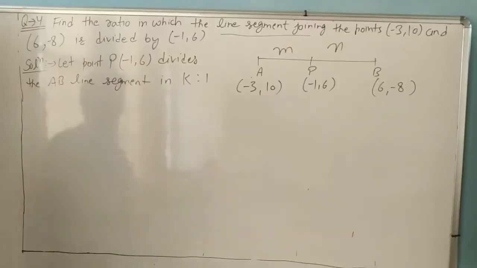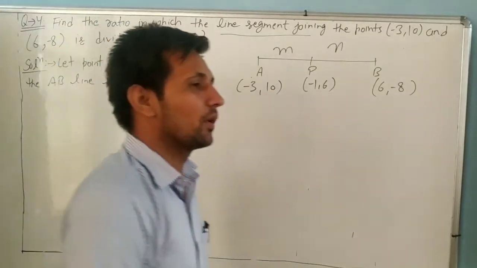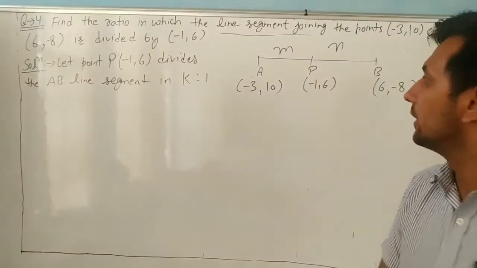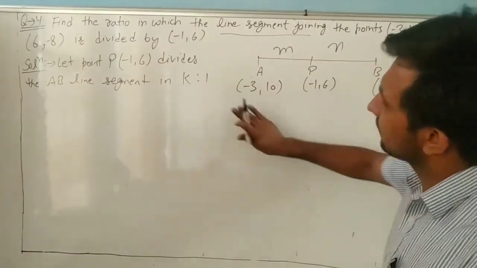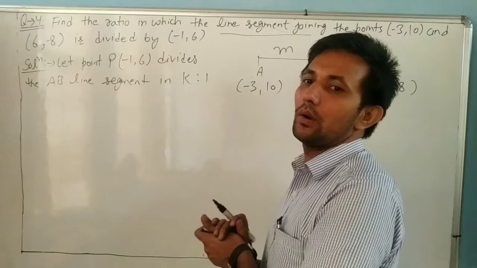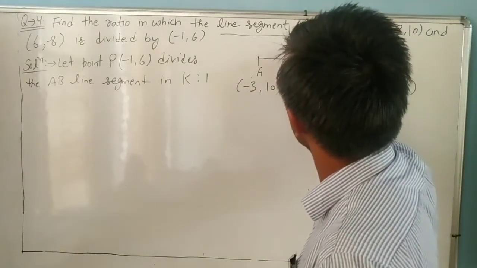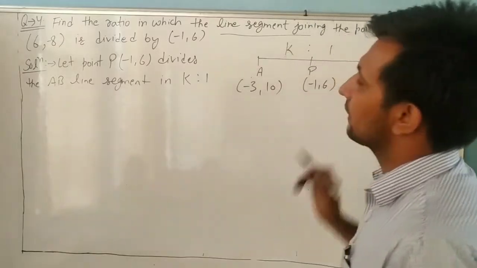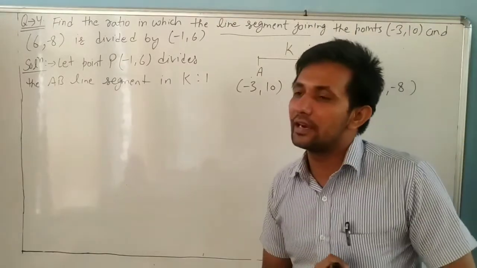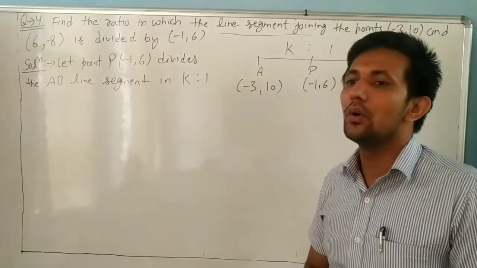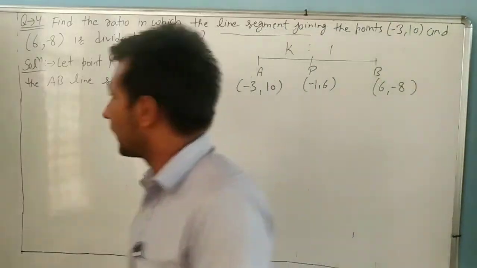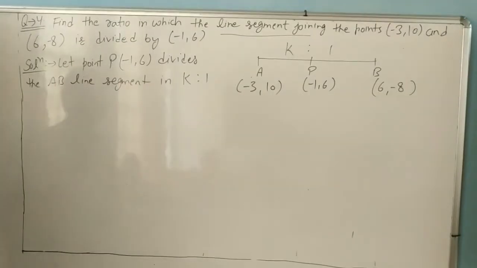Now you will ask, sir, why are you taking K:1, not m:n? I will explain it later. First, just note down why I am writing K:1. Suppose it is K:1. Whenever we need to find a ratio, we take K:1.